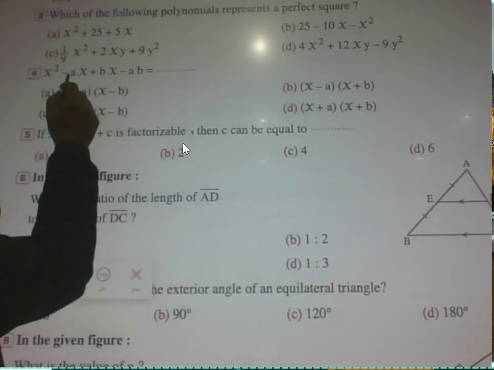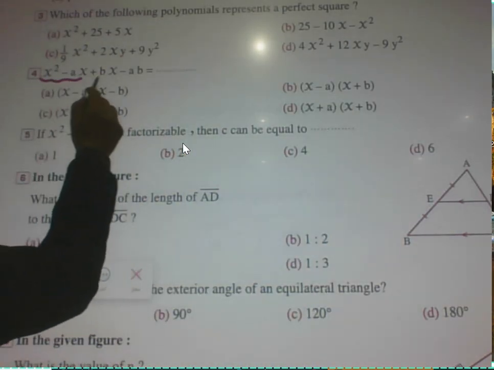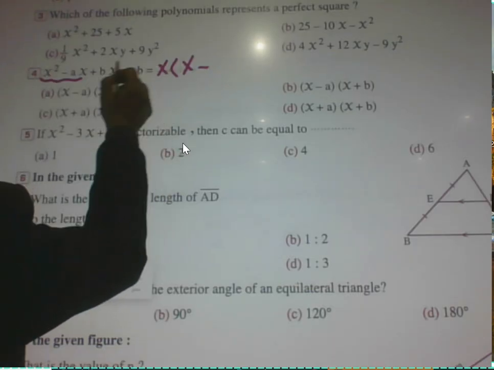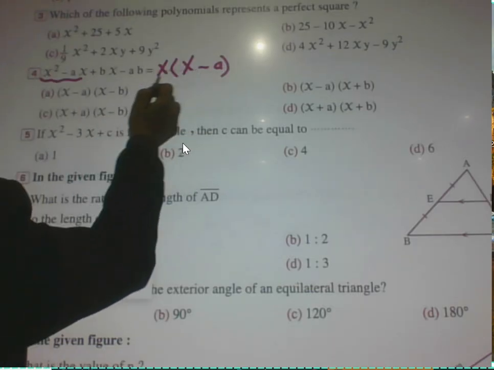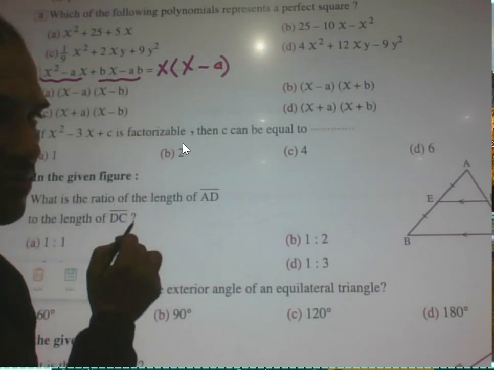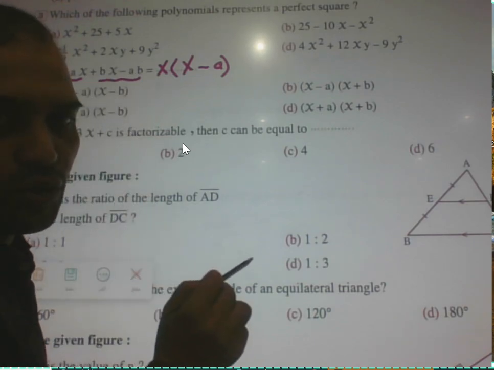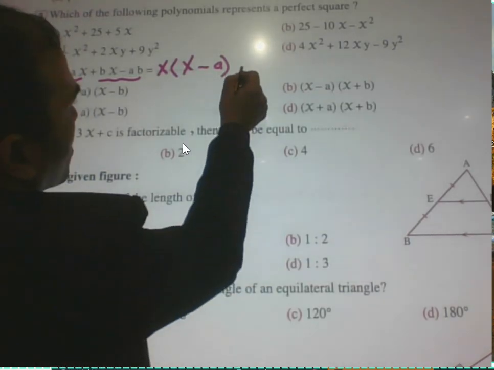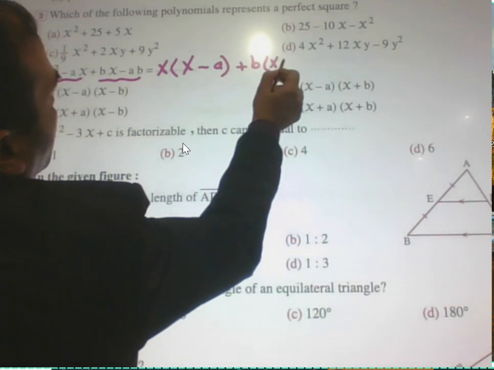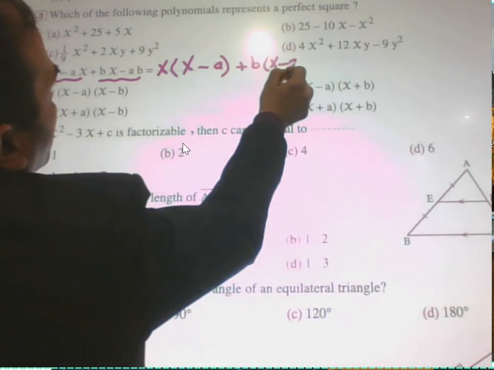The first, x power 2 subtract ax, we can write x as a common factor between 2 terms. X power 2 divide x equals x, and ax divide x equals a. And the next part, we can write b as a common factor between 2 terms, plus bx minus ab. bx divided by b equals x and ab divided by b equals a.